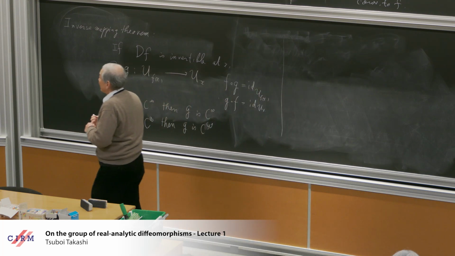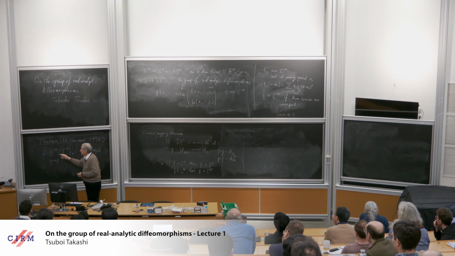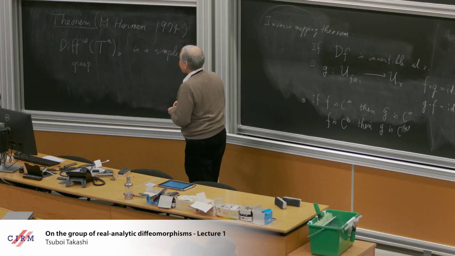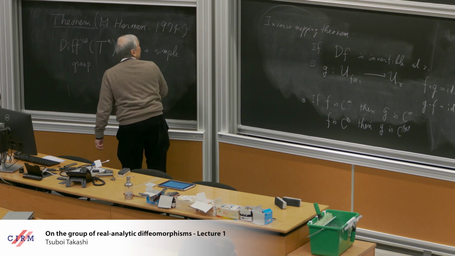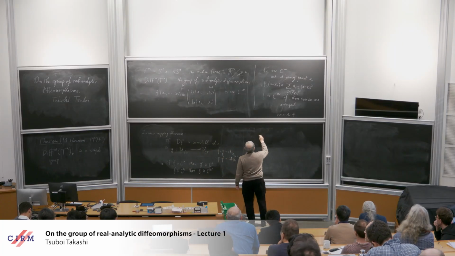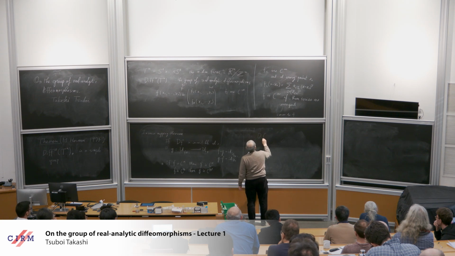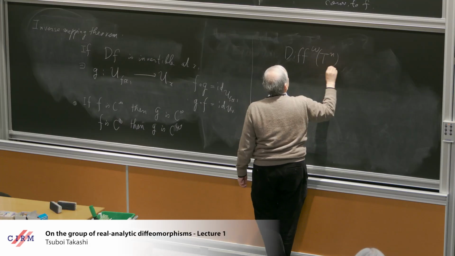So I explained what is C omega, and I need the 0. So what does this Diff^ω(T^n)_0 mean?